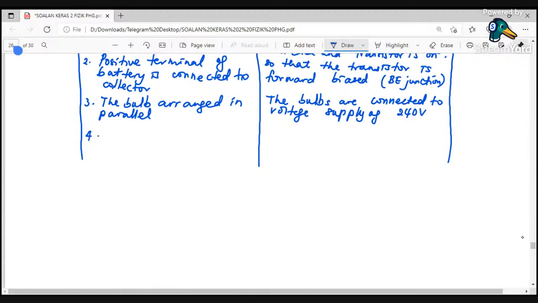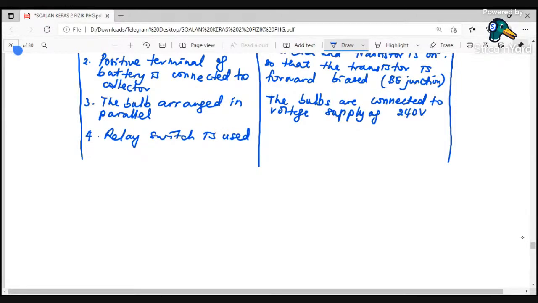Okay, seterusnya the use of relay switch. Relay switch is used. Ada circuit yang tak ada relay switch. Why we use relay switch?